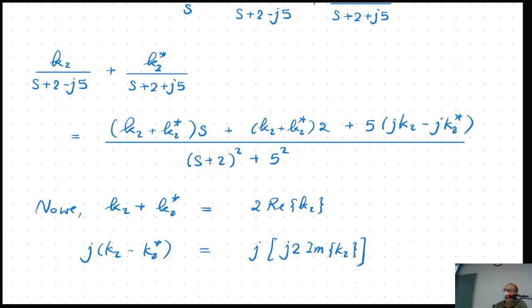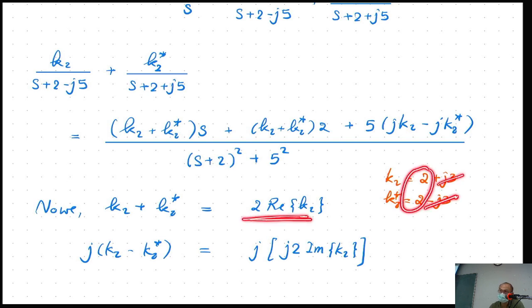Can you see? For example, if K2 is equal to 2 plus J3, and K2 star would have to be equal to 2 minus J3, then if you add them, the J3 will be gone. You'll be left with twice the real part, which is 4.